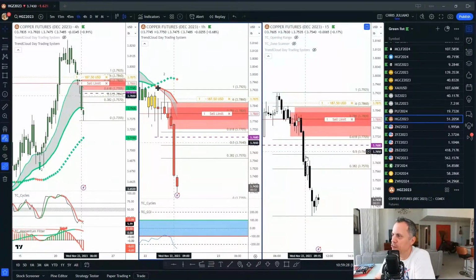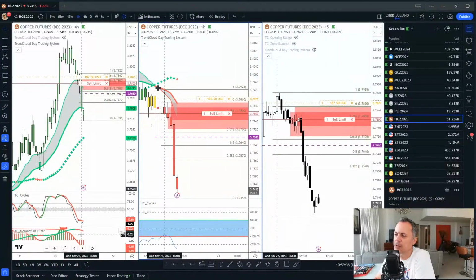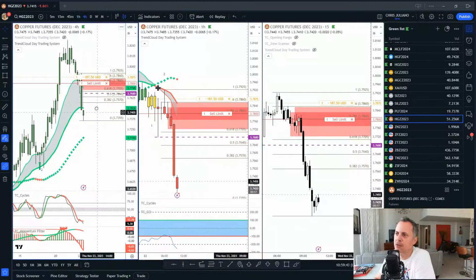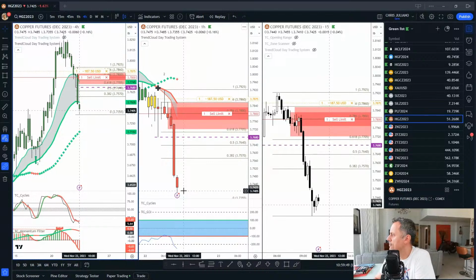This rally-based drop. It's also inside of that middle time frame trend cloud. Momentum is down. Trend is down. Momentum is down on both time frames. If this pulls back up to here, we can take that trade down.